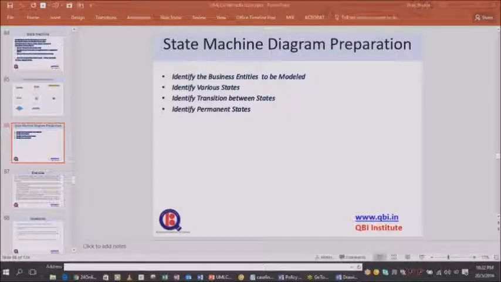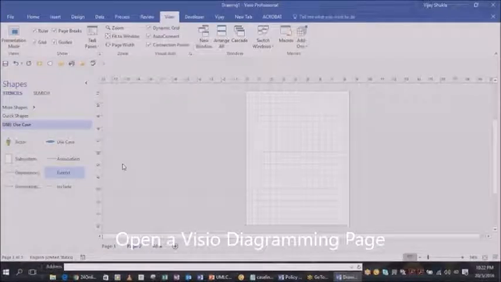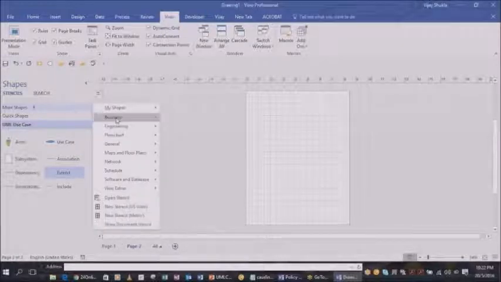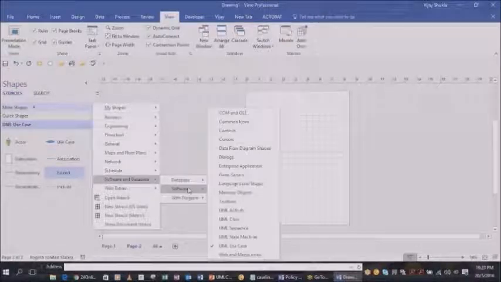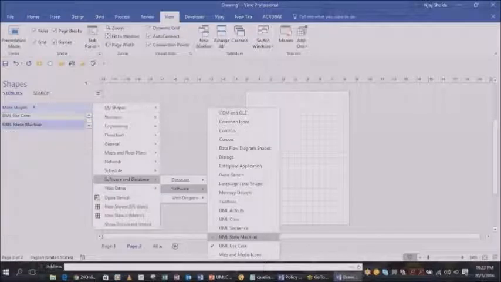To start preparing this model in Visio, I go to more shapes. Within more shapes I go to software and database, and then software, and within software I will choose this UML State Machine model.